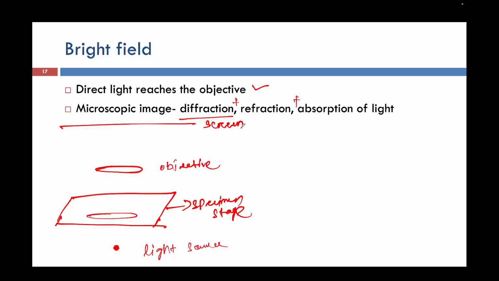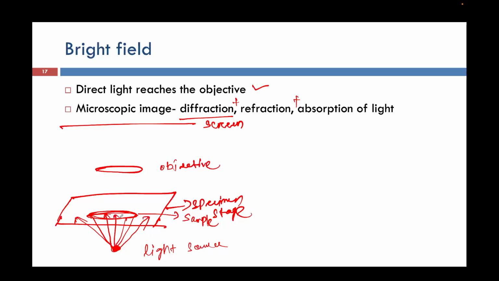In bright field, some rays will be going like this, and some rays like this, through the sample. This is the specimen stage, this is my light source, and this is my sample.